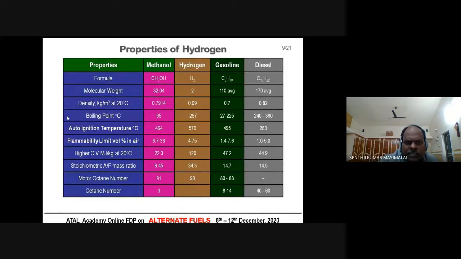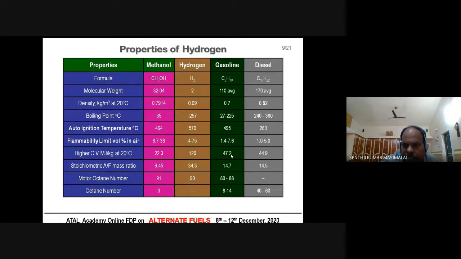And if you look at this table, I have discussed all the properties. The other important properties are the calorific value, the energy content on a mass basis, per kg. I'm talking about per kg because hydrogen is in gaseous form. On a mass basis, hydrogen has the highest energy content per kg.